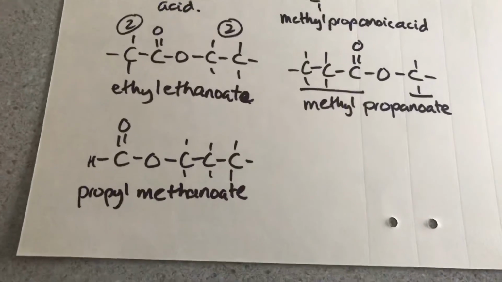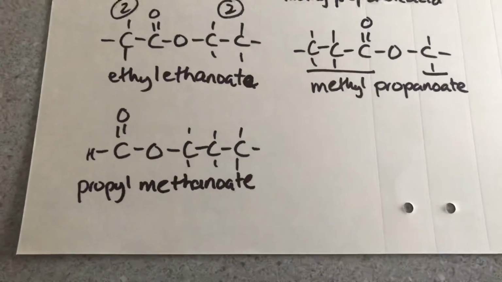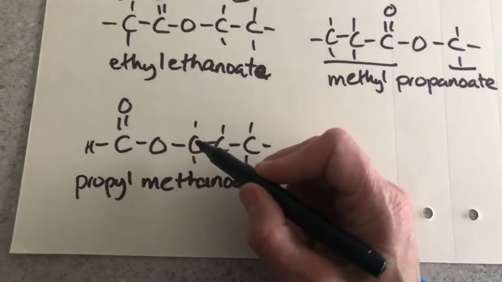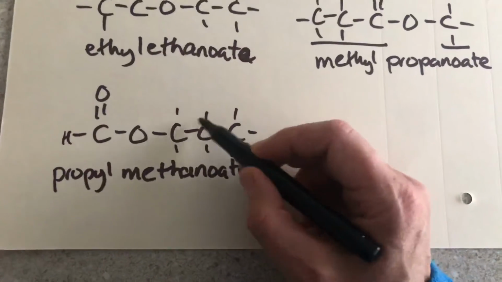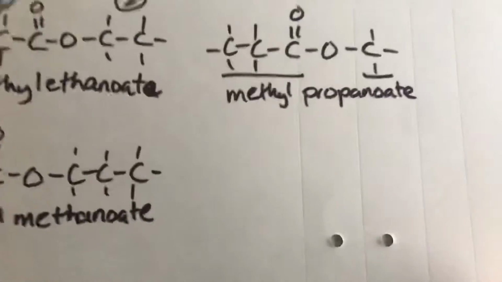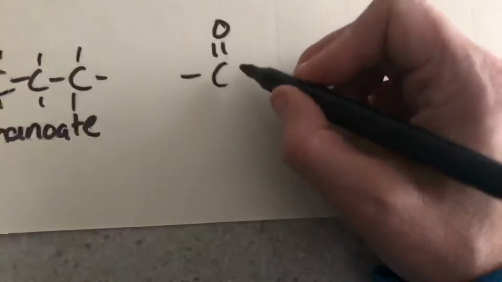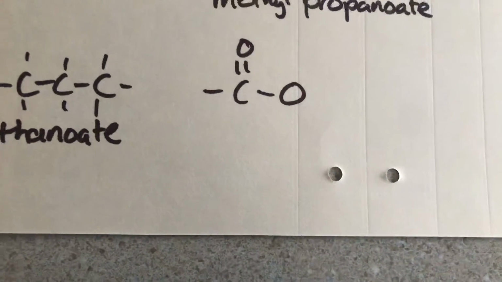However, there is a tricky one that possibly could come up, so I am going to show you that. And that's a version of this last one here, where instead of attaching to the oxygen the end carbon, we attach it through the middle carbon. So I'm just going to draw my methyl again, because it's irrespective of that, and my ester functional group, my methanoate.